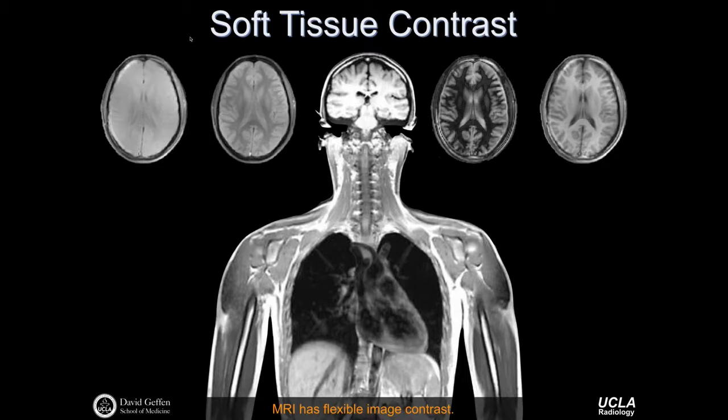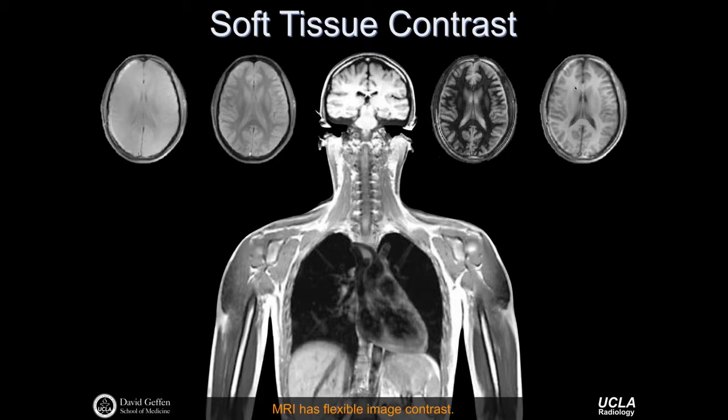So these axial images shown on the top here are taken, of course, in the same individual, but by adjusting the timing parameters in an MRI pulse sequence, we can obtain dramatically different image contrast, going from something that's relatively flat in contrast between white matter and gray matter to something wherein the white matter is actually gray and the gray matter is actually white, to something where the white matter is actually quite dark and barely perceptible except for its contrast against the gray matter.